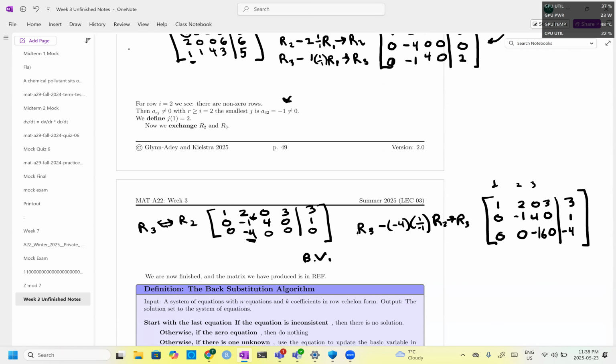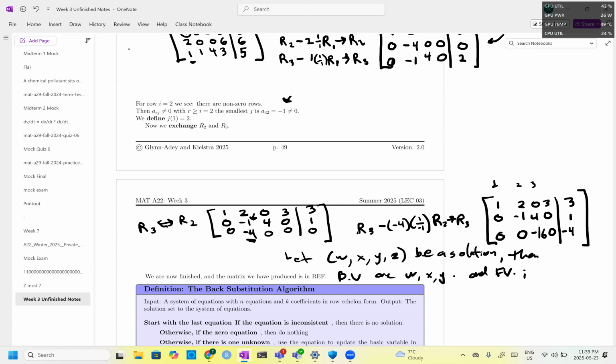So if the system is X, Y, Z, W, the basic variables, let X, and we'll relabel this W, X, Y, Z be a solution. Then the basic variables are W, X, Y, and the free variable is Z.